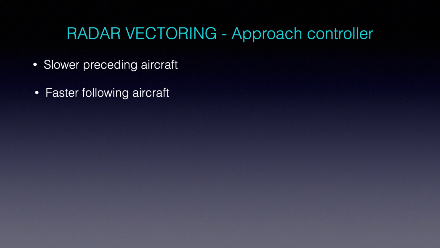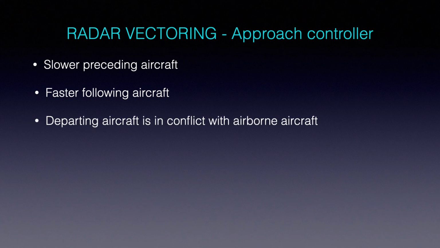But I want to really show you the techniques, and there are two techniques that you can use, and I've very rarely seen them being used by controllers. And if there's anyone out there that's done it this way, and they're watching this video, put your hand up. Well done. And we'll look at departing aircraft in conflict with airborne.